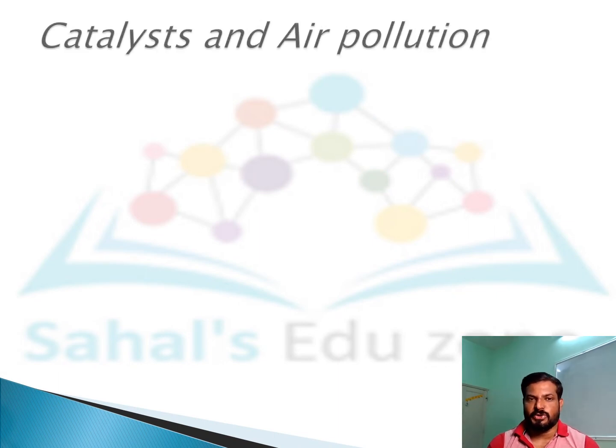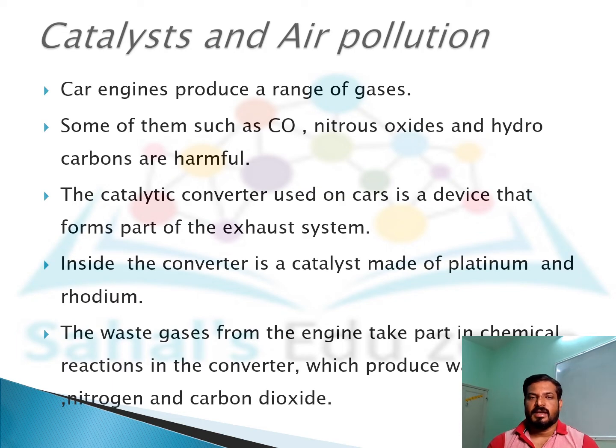Catalyst and air pollution. Car engines produce a range of gases. We are using fuel in a car. This fuel burns and releases certain gases outside. Some of them, such as carbon monoxide, oxides of nitrogen, and hydrocarbons, are harmful. The catalytic converter is a device used in cars as a part of the exhaust system.